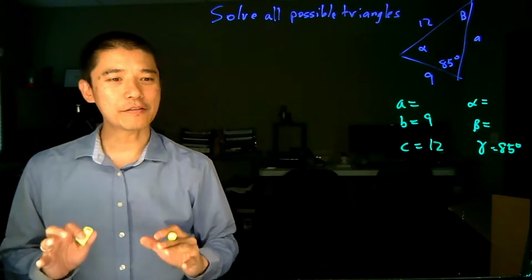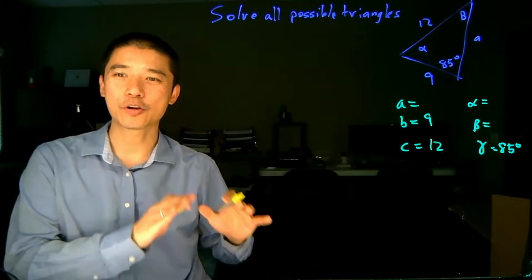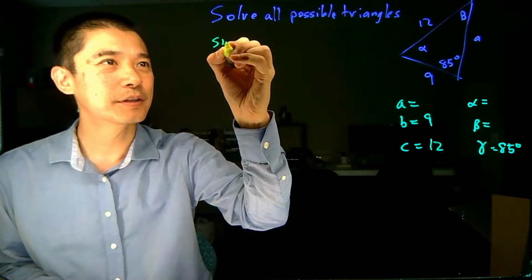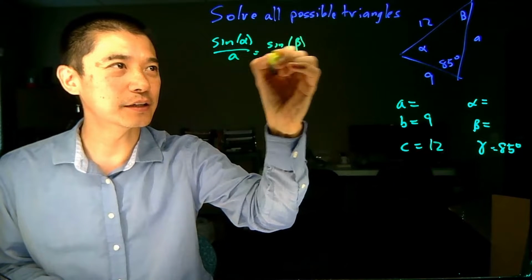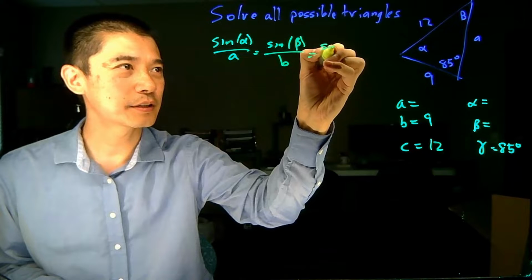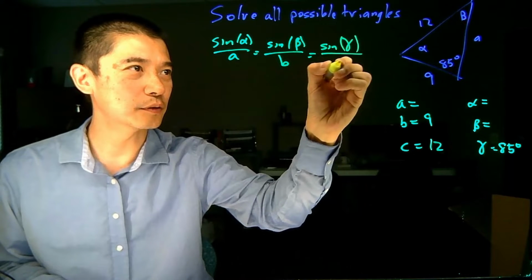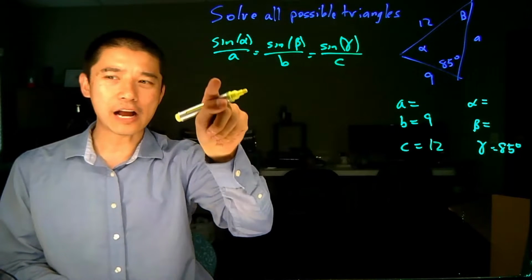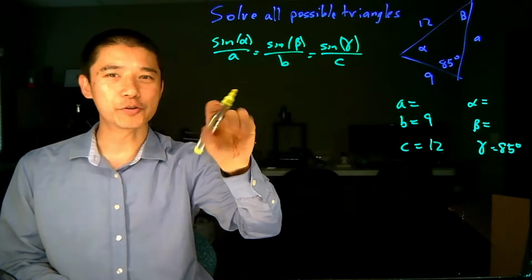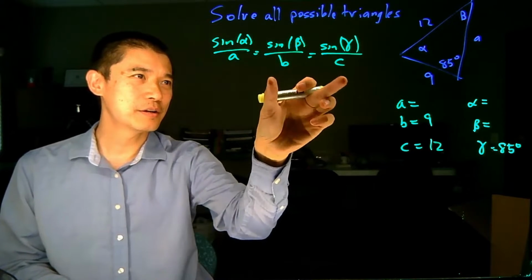We're going to use the law of sines, and the law of sines is going to show us what's going to happen. Sine of alpha over A equals sine of beta over B equals sine of gamma over C. Since we don't know either A or alpha, this entire first fraction is unknown to us, so we ignore that for now and focus on this part.